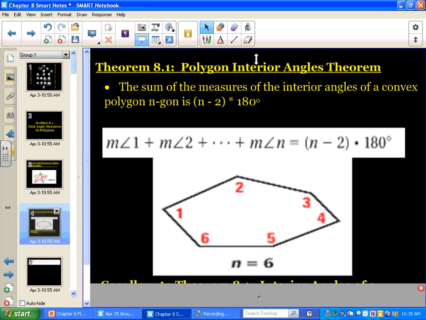Okay, theorem 8.1. Polygon interior angles. It says the sum of the measures of the interior angles of a convex n-gon is n minus 2 times 180.